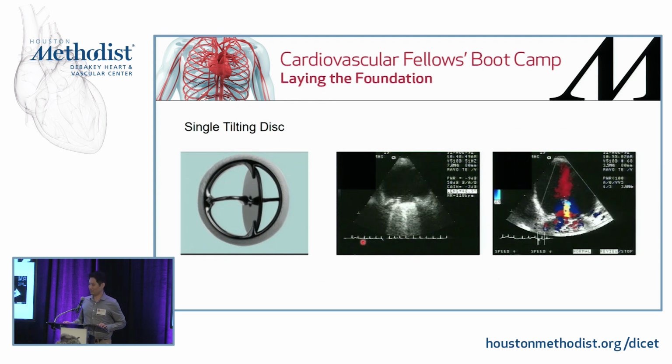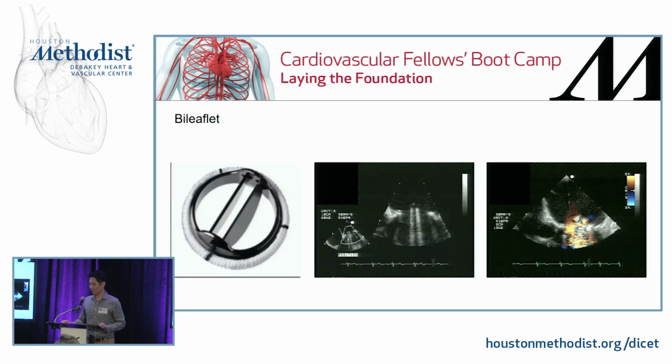The tilting disc has one big orifice and one small orifice, and flow goes mainly through the big one, but some through the small one. The Medtronic Hall valve is the most recent single tilting disc, although I don't know how many we are putting in these days because most of them are bileaflet. The main thing with those is that there's one washing jet going down the middle and a couple through the sides. So that's a single tilting disc.